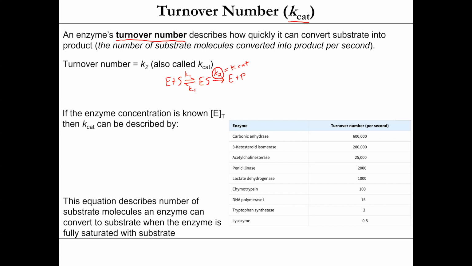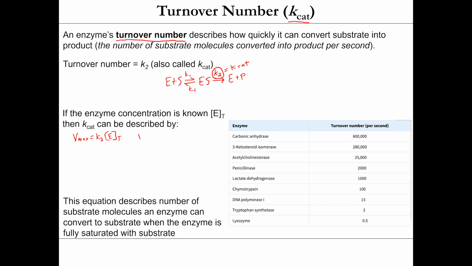Now, this also gives us some other information. We've also seen K2 in the equation for Vmax. So if the enzyme concentration is known, the total enzyme concentration, then Vmax equals K2 or kcat times the total enzyme concentration.